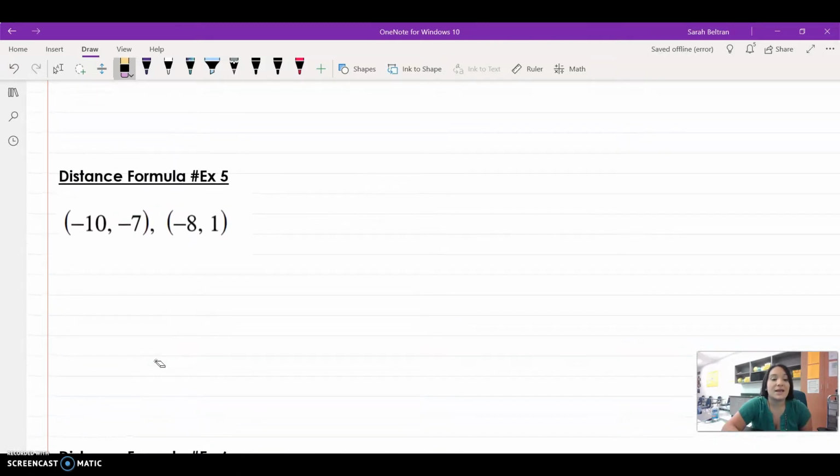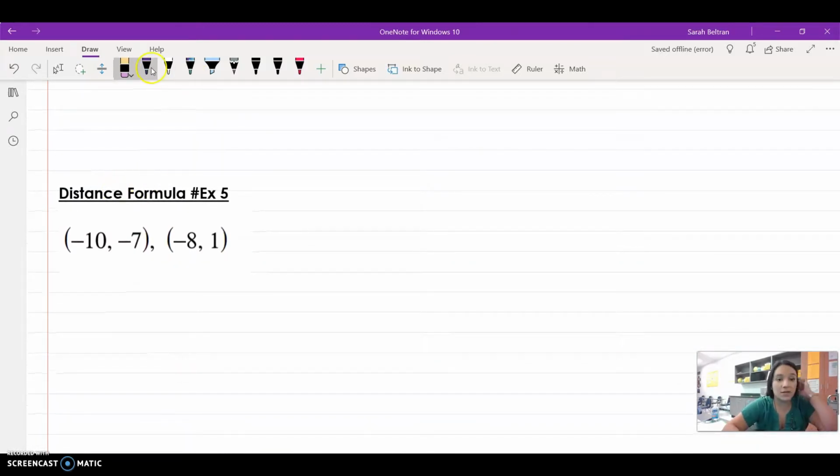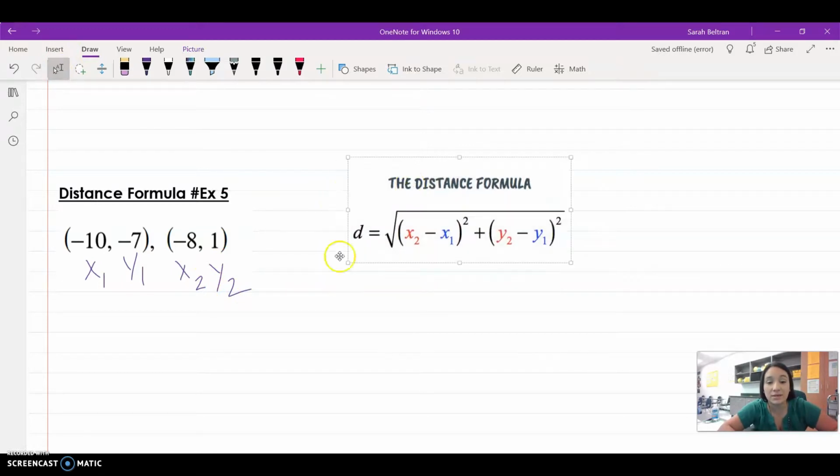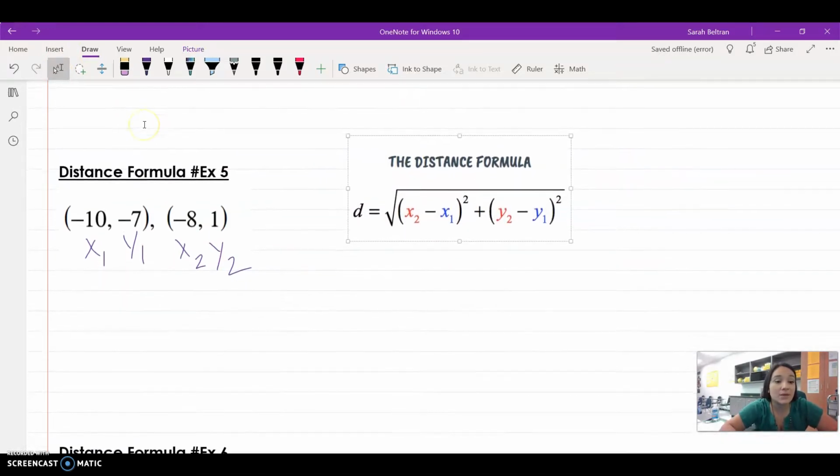All right. And last but not least, I'm going to work on this one really fast. This one is x1, y1, x2, y2. I'm going to paste my formula here, and I'm going to work it out really quickly for you.